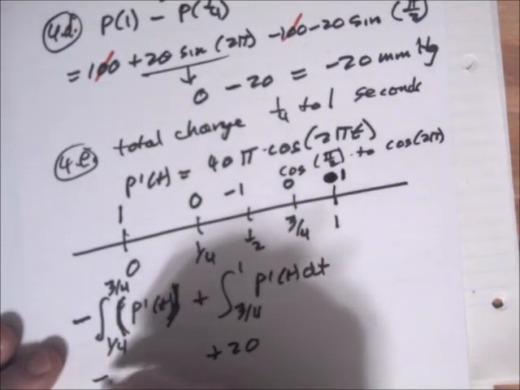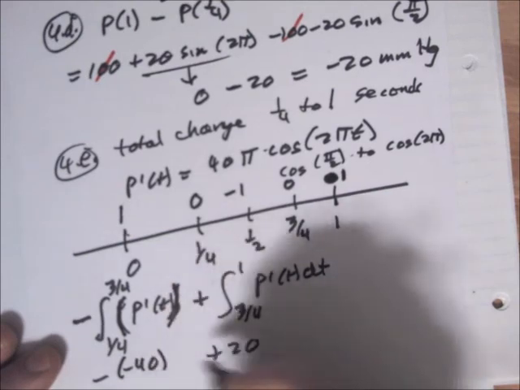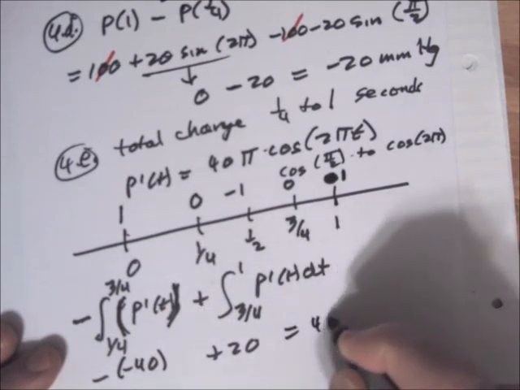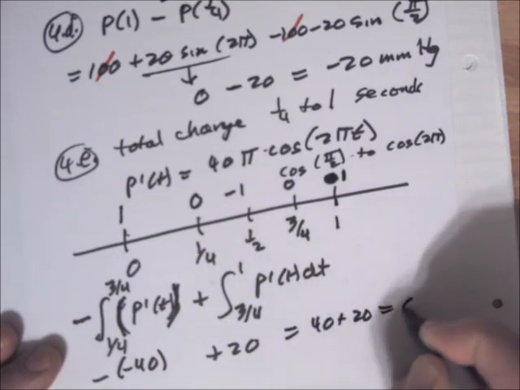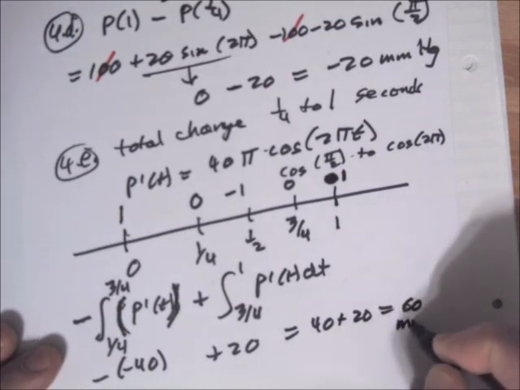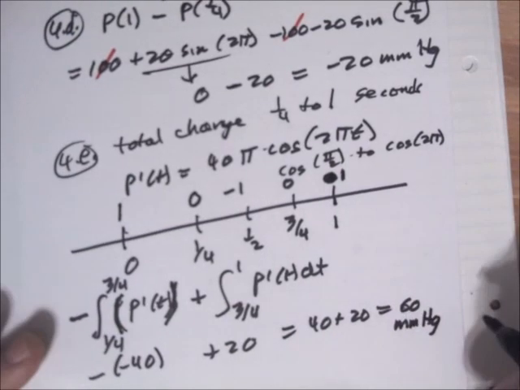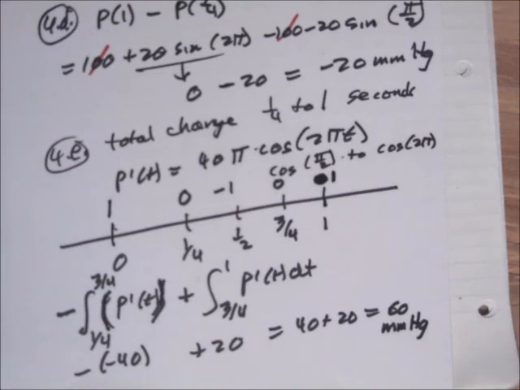So it's going to be minus -40 plus 20, that's 40 plus 20, which is 60 mmHg. So that would be the total change in the blood pressure between 1/4 of a second and 1 second. And that concludes this presentation.